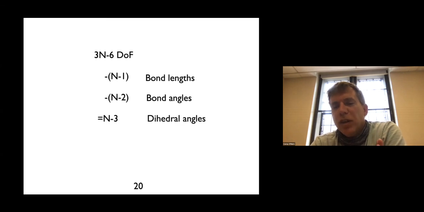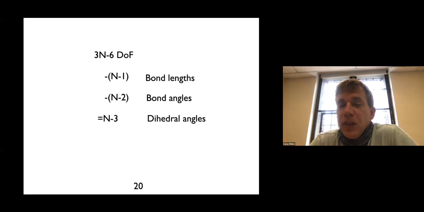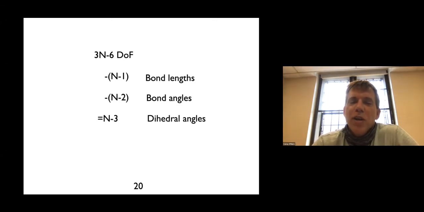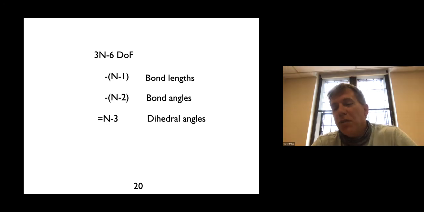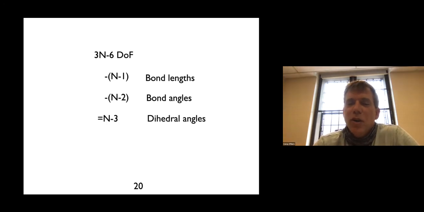So this obviously only works for greater than 3 bonded atoms, because I just said that you needed 4 atoms to define a dihedral angle. So if you have 4 atoms that are bonded together to form a polymer, then you have one dihedral angle. If you have 5, you have 2 dihedral angles, and so on and so forth. So this is a way to figure out how many dihedral angles you have.